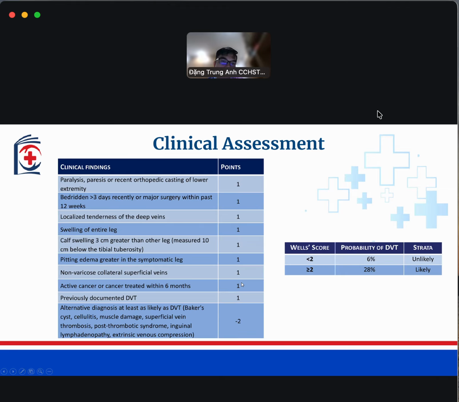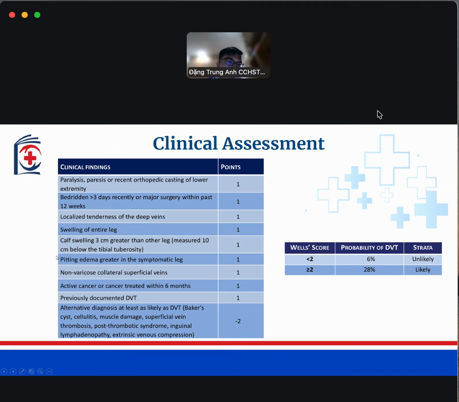The components of the Wells score include that the patient has paralysis, or recent orthopedic casting of the lower extremity. That's 1 point. Patient has been bedridden over 3 days recently or had major surgery within the past 12 weeks. Patient has localized tenderness of the deep vein. The patient has swelling of the entire leg, or calf swelling 3 centimeters greater than the other leg, measured 10 centimeters below the tibial tuberosity.